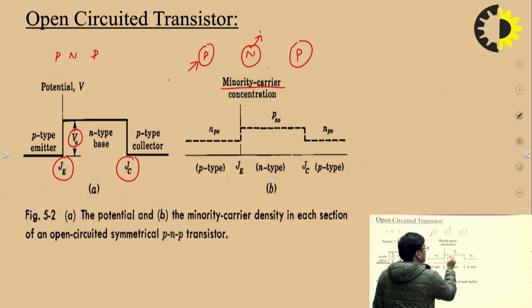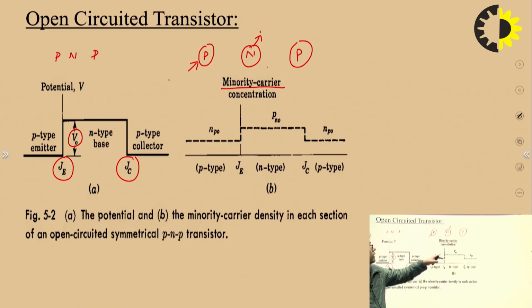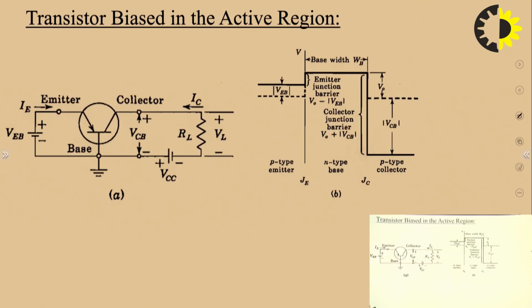This concentration is drawn above this concentration level. That represents that the base is lightly doped, or the base has more minority carrier concentration with respect to the emitter and collector. So this is a representation of minority carrier concentration.